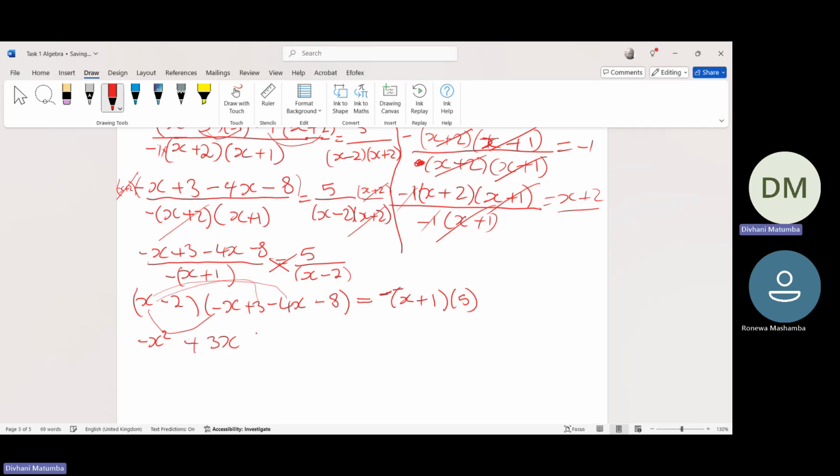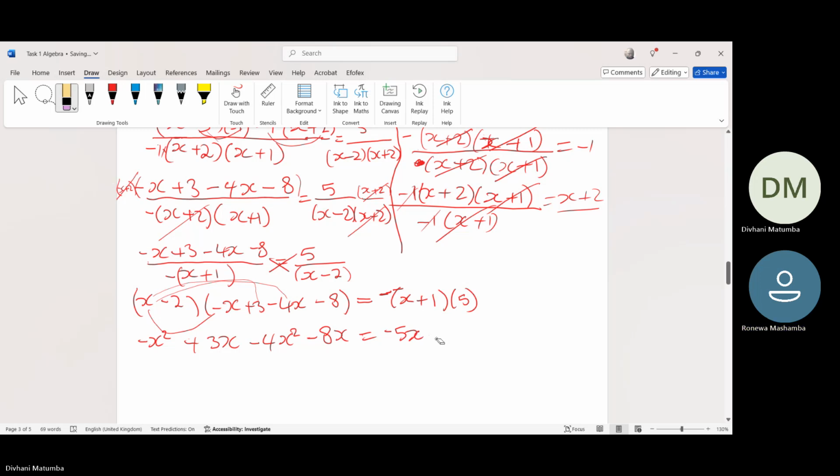The fourth one will be minus 4x squared. I should have added minus x minus 4x a long time ago, but it's fine. And then we will have minus 8x. You agree? Yes, sir. Okay, this is equal to minus 5x plus, oh no, not plus, minus.